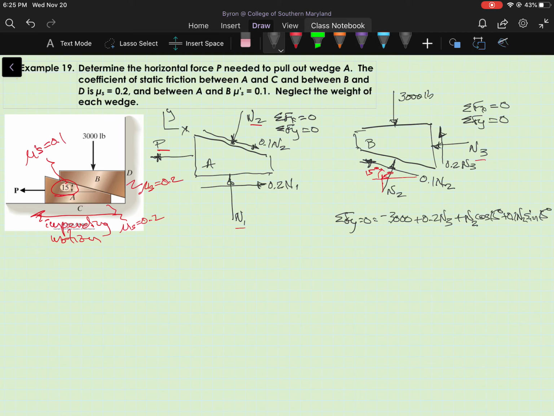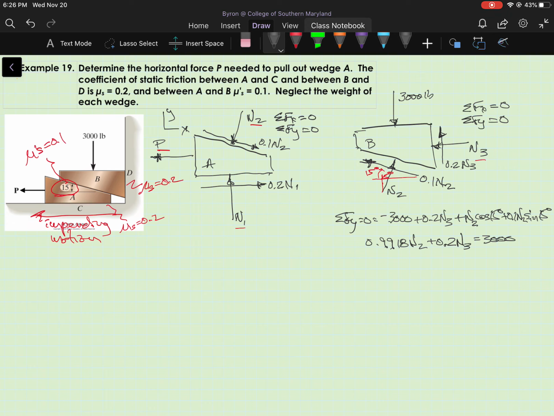Okay, and if we do that math, we get 0.9918 n sub 2 plus 0.2 n sub 3 equals 3,000. Okay, so we have two unknowns on this free body diagram. Of course, one now, n sub 2, is shared with the first free body diagram. So we're going to need to write the second equation here and then solve simultaneous equations.